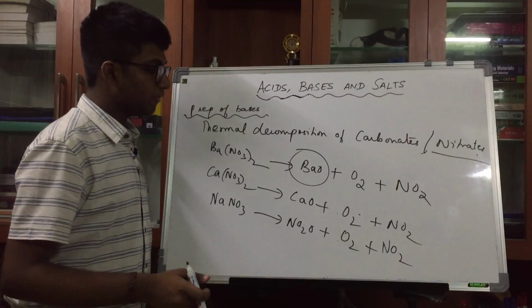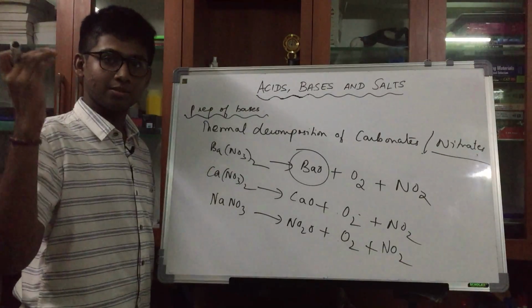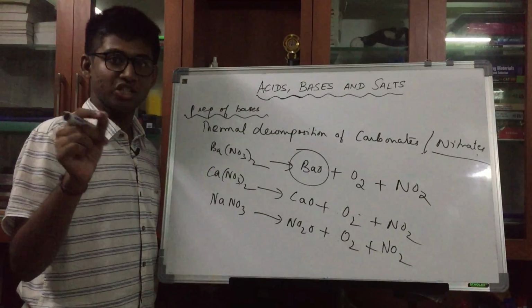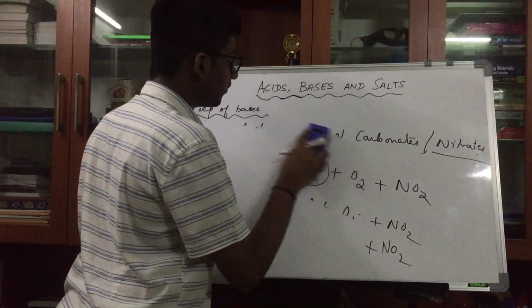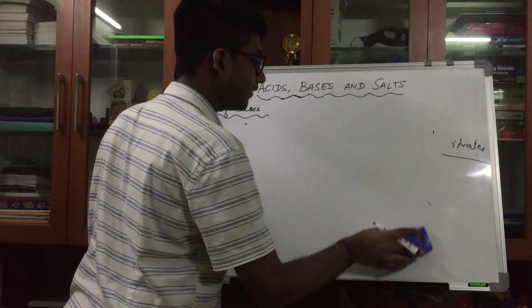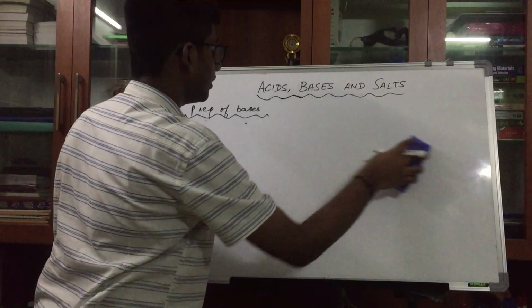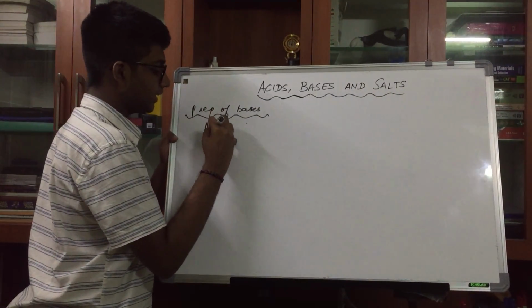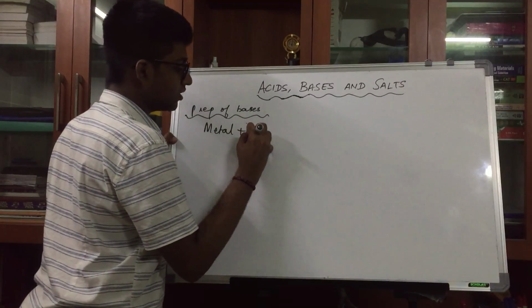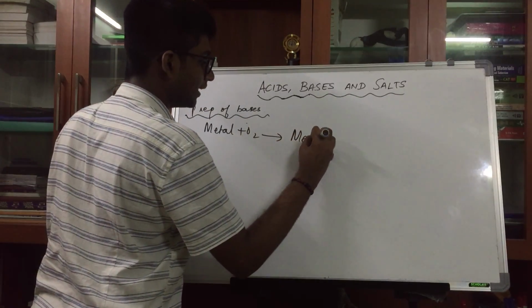Before I wind up, I will just give a small brush up of everything, in short, the various ways in which you prepare a base. So the first way is making a metal react with oxygen. I am just going to write the short form so that you will never forget it. So first is metal plus oxygen gives you metal oxide.